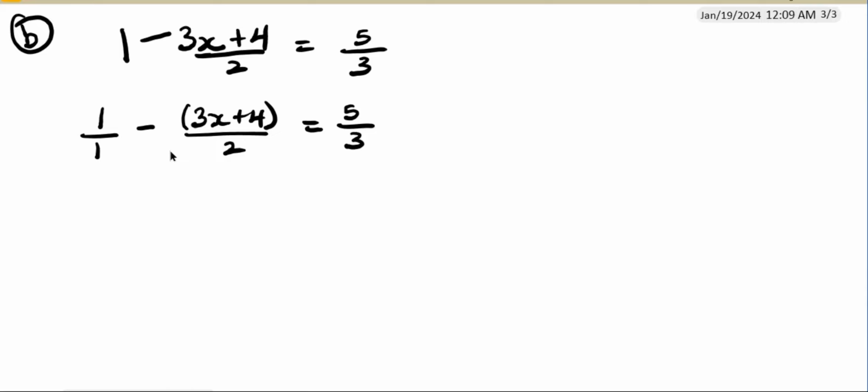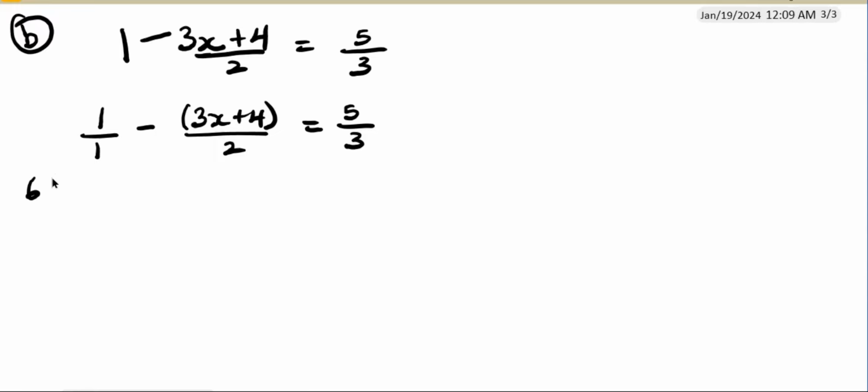So you take your LCM of 1, 2, and 3. That will give you 6. So you use that 6 to multiply each of these expressions, okay? When you multiply each of these expressions, automatically the fraction will disappear. Then you now have your equation and solve. So use 6 to multiply here.